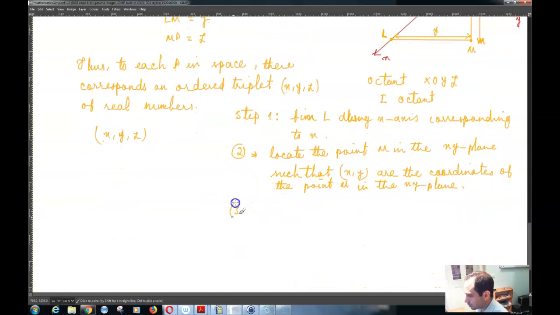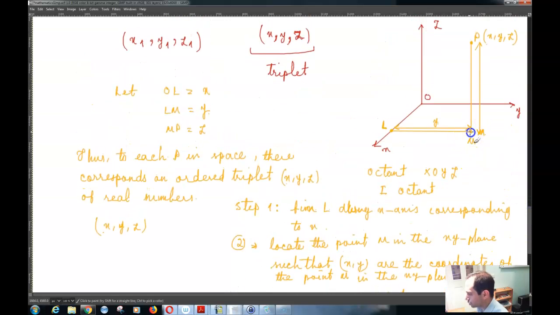So then step number three, we draw a perpendicular MP to the xy plane, and then locate on it, on that perpendicular, meaning that once you reach this point M, you draw from that point a perpendicular to the xy plane, which will of course be this line over here, and this line is perpendicular to the xy plane.